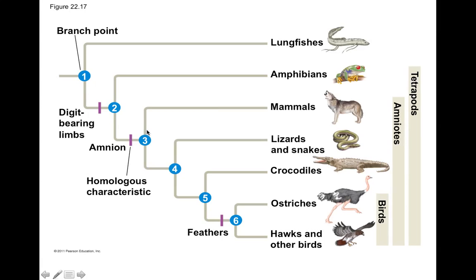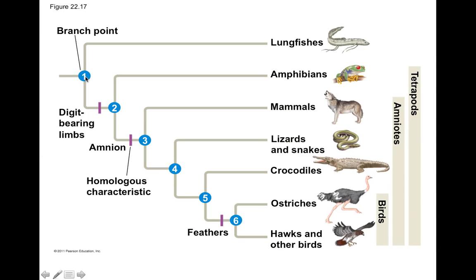We still have this vestigial structure of the amnion. Amphibians share digit-bearing limbs with all of these other organisms, whereas lungfishes, which are vertebrates but not land-dwelling vertebrates, do not have digit-bearing limbs, digits meaning thumbs and toes and fingers, for example.